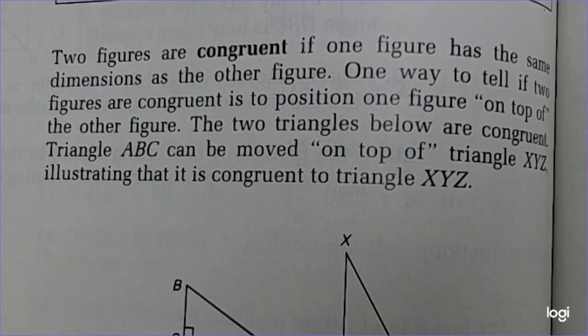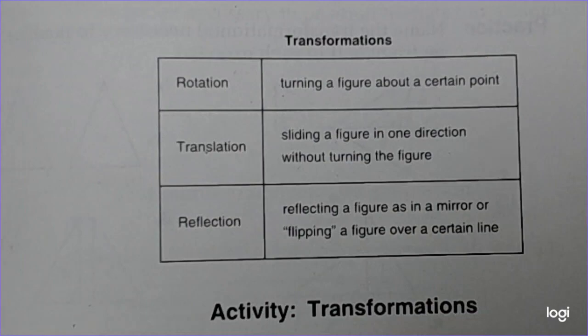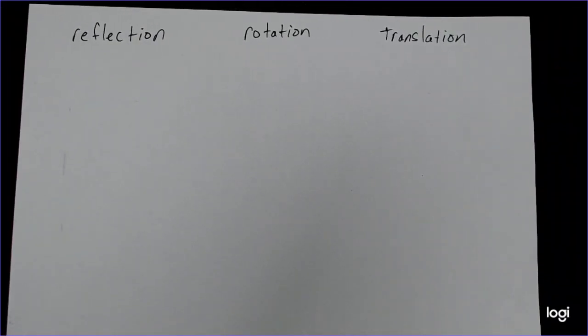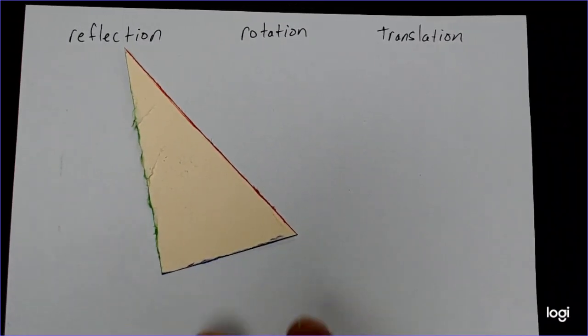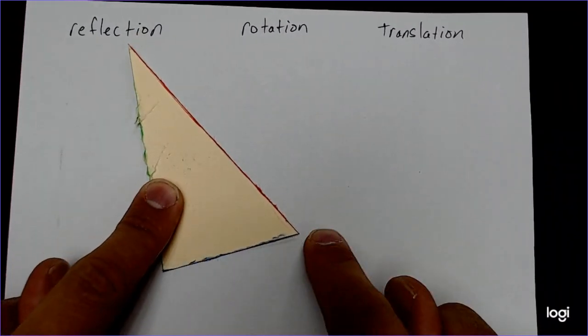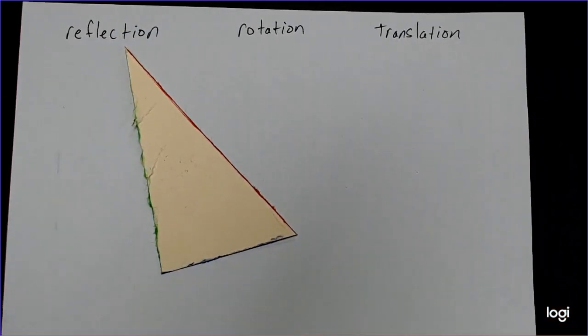Now let's talk about these transformation words: rotation, translation, reflection. I'm going to do that on my example paper. I need to zoom out. Here I've got the three words, reflection, rotation, translation, and I've also got a triangle. It might be a little difficult to see, but I've got the green side, the blue side, and the red side, so that will help us orient our triangle.